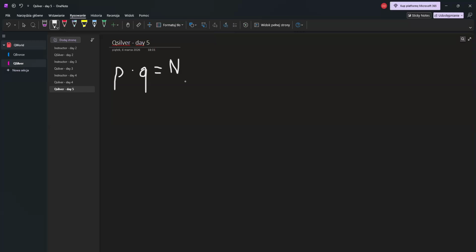So it is known, it can be treated as an input during decryption, but P and Q are secret. We do not know them. And to encrypt the whole message, we need to know P and Q.